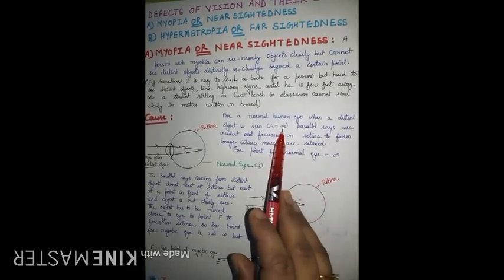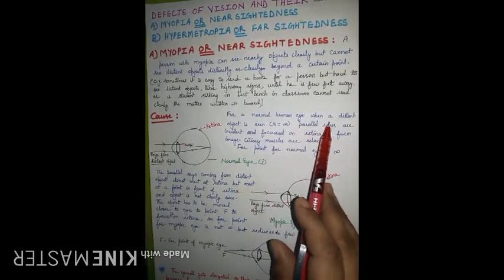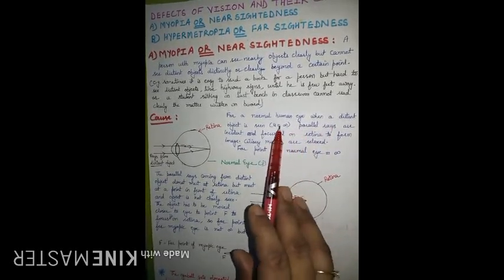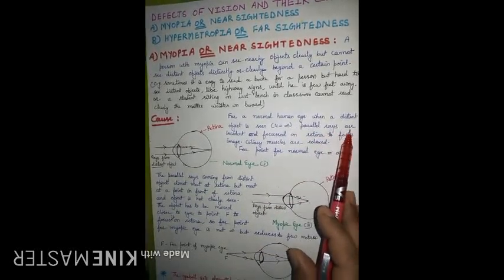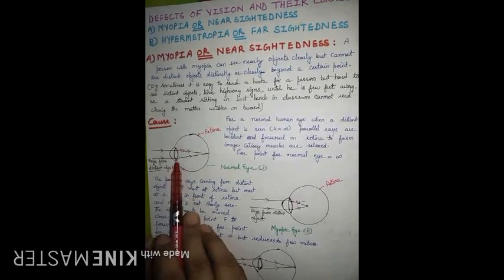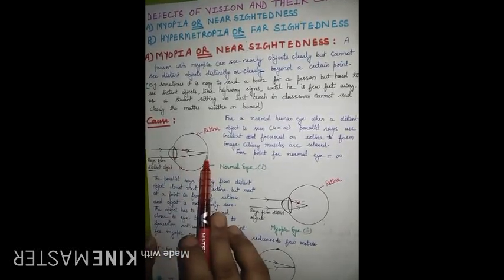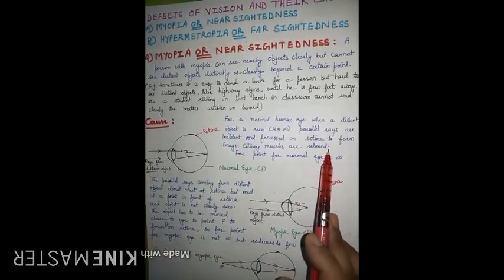And the stars and moon that you see are also distant objects for you. For the sun and stars, we will consider that parallel rays are coming, and these parallel rays after refraction are going to focus on the retina. Here ciliary muscles are totally relaxed.